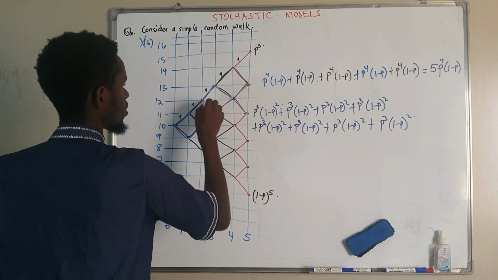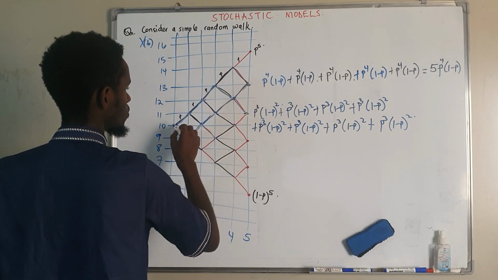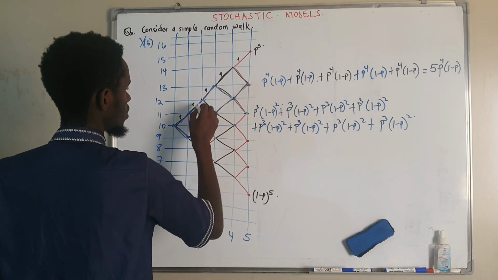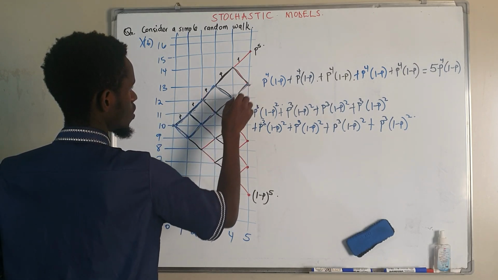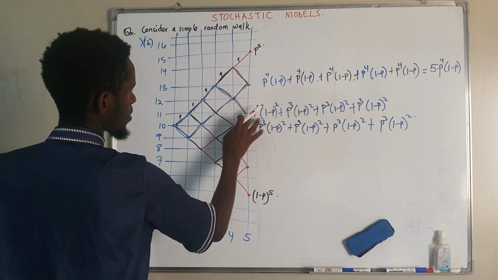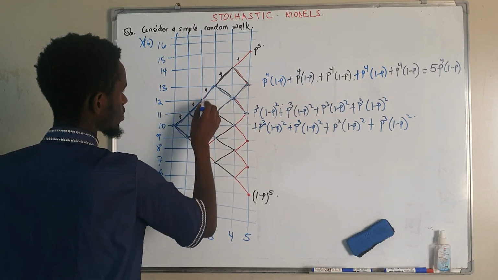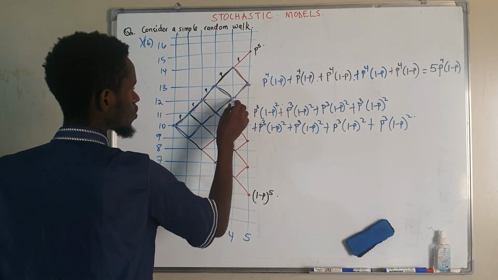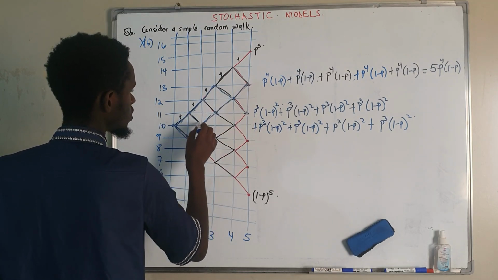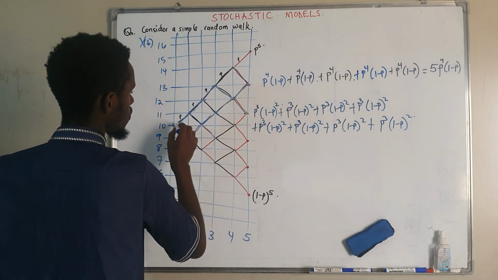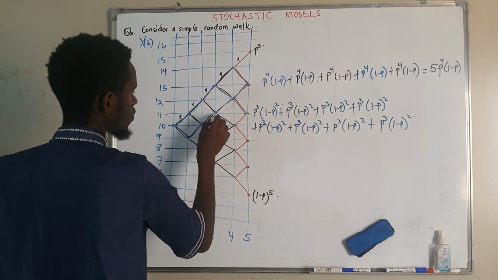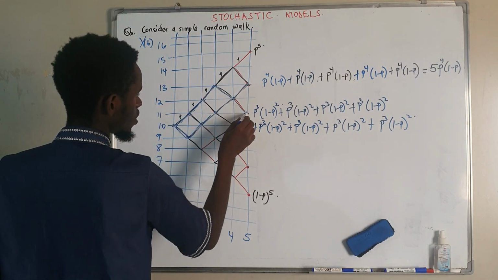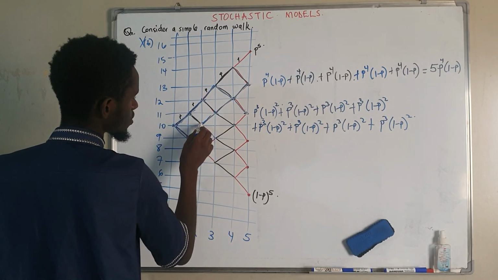1, 2, 3. So they're coming here. 1, 2, 3, 4, then a 5, then a 6.